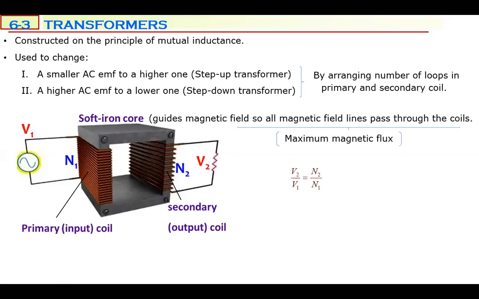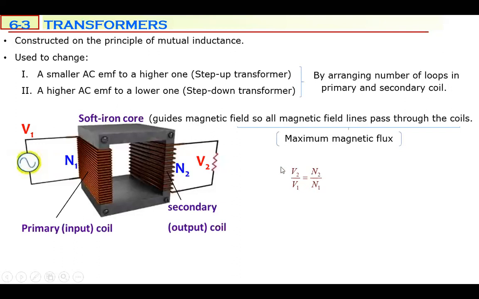As you see, V2 is the secondary potential difference, sometimes called the output potential difference. V1 is the primary potential difference, sometimes called the input potential difference. So V2 over V1 is directly proportional to N2 over N1.